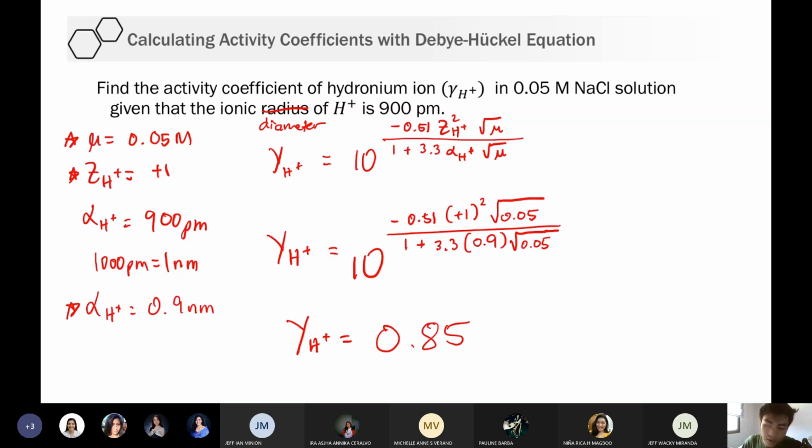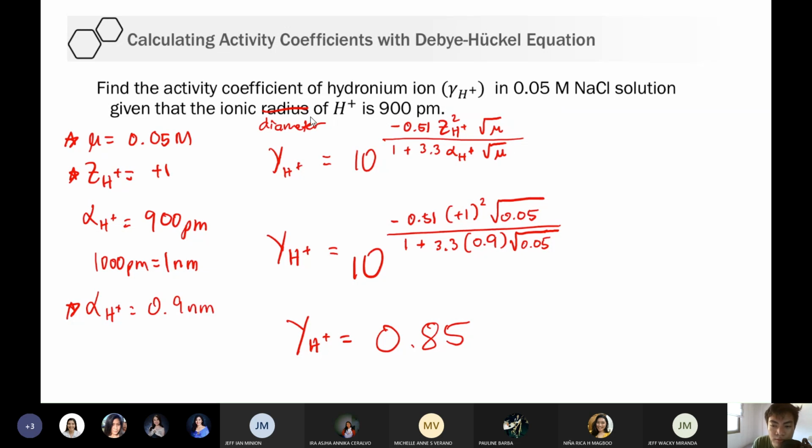As you can see, because of the effect of our inert ions, because of the presence of diverse ions, NaCl, the activity coefficient gamma of H plus is less than 1. However, if we do not have any diverse ions, then the exponent will all be 0, so 10 raised to 0 is equal to 1. That is why gamma is equal to 1 when you do not have any diverse ions.